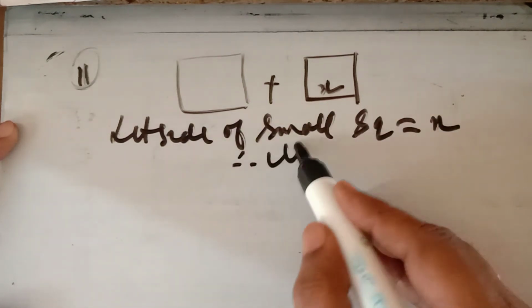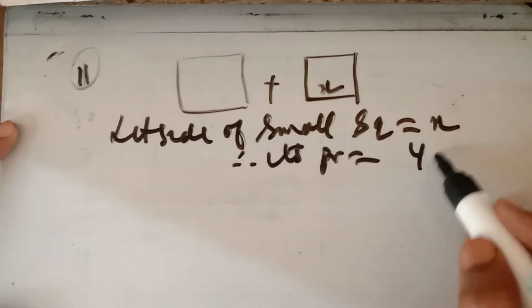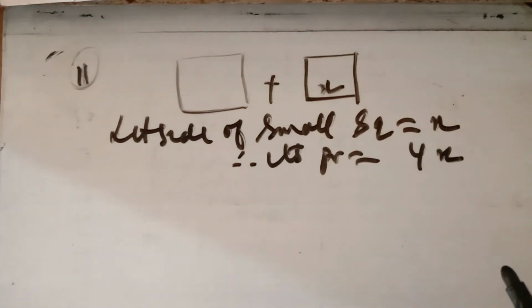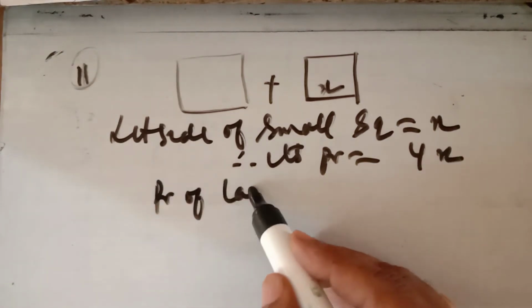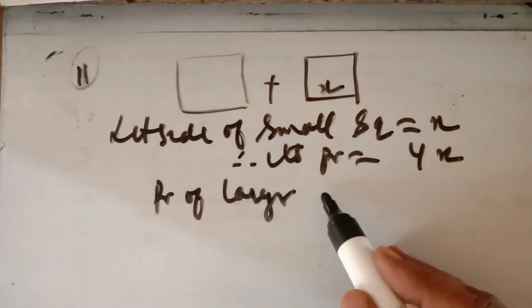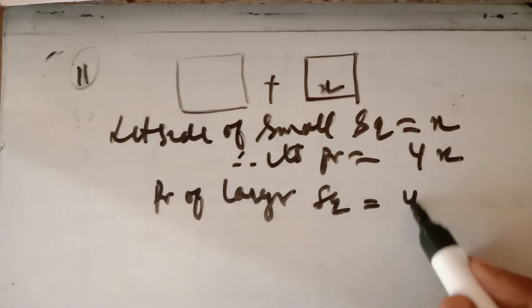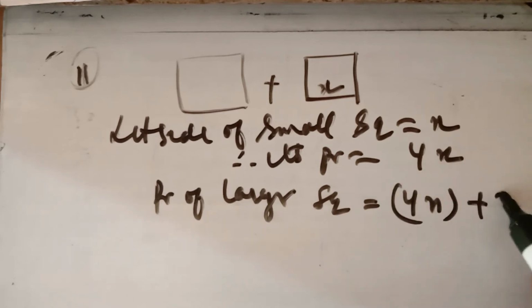So therefore its perimeter will naturally be 4 into side. And the perimeter of the larger square, what is given? It is given that the difference between the perimeters is 24.